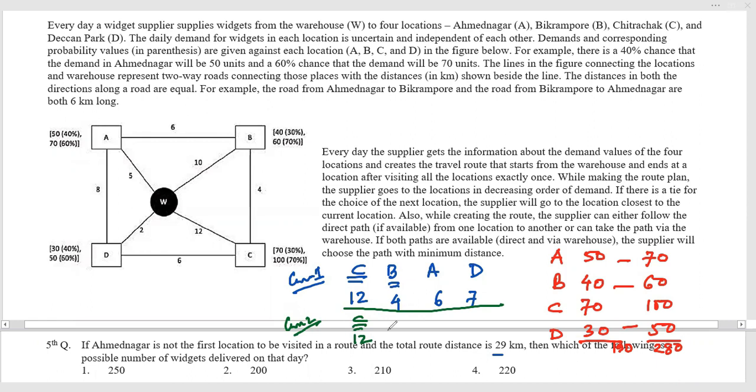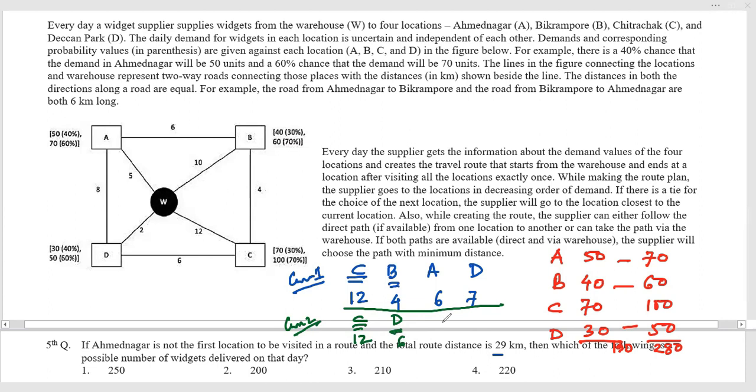So B or D. If I take D, then 6 kilometers, so 18 kilometers are already done, and 11 kilometers are in my hand for the two other locations. If I take A now from D, it is 7, and then 6.